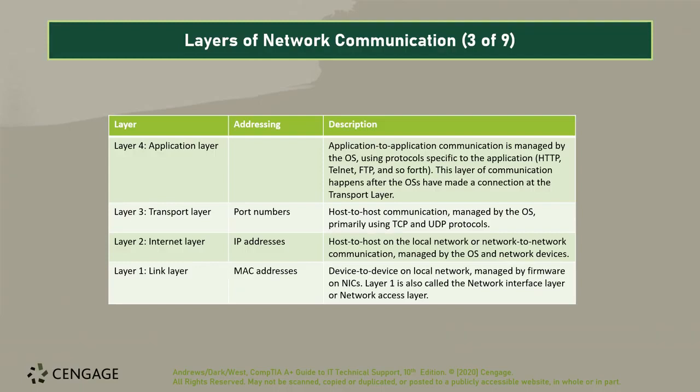Now, TCP is connection-oriented, whereas UDP is connection-less. The internet layer deals with host-to-host on local network or network-to-network communication, and this is handled by the OS and network devices. So we can see here we move from port numbers, which identify programs, to IP addresses, which identify unique NICs.